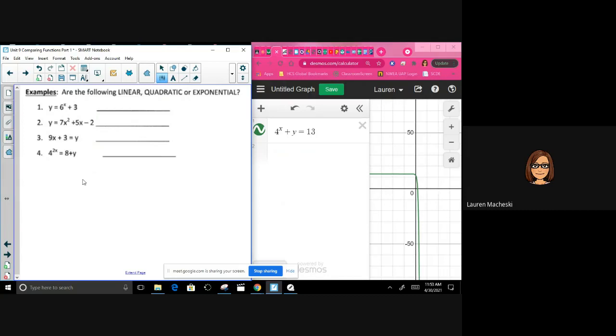Why do you think linear? It's not linear. What do y'all think it is? What's the big thing that you noticed there in that first equation? What is your exponent there? X. If your exponent is X, which one is it going to be? Exponential.